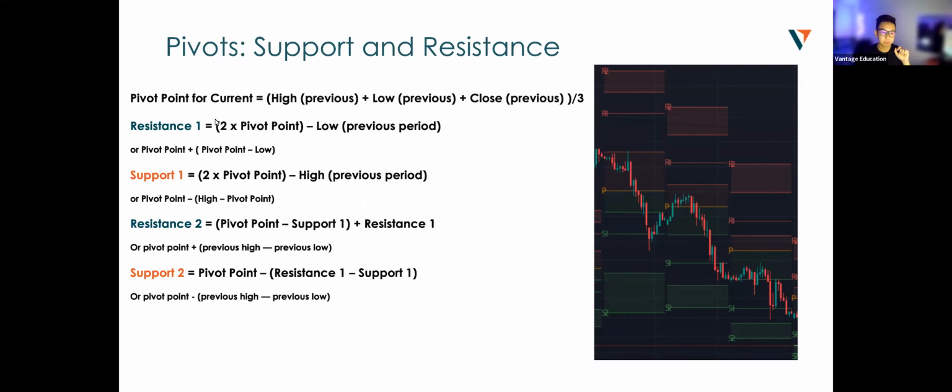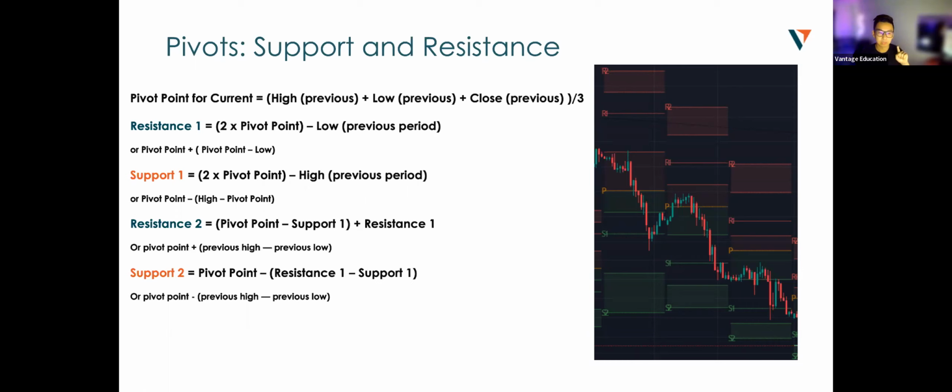It is 2 times the pivot point, the average of the previous day's high, low, and close, minus the low. And then support 1 is 2 times the pivot point minus the high. What this means is that as prices go lower, you're drawing support lines closer to the pivot point, and as prices move higher, you're drawing resistance lines closer to the pivot point.